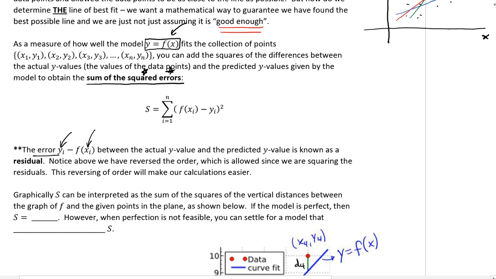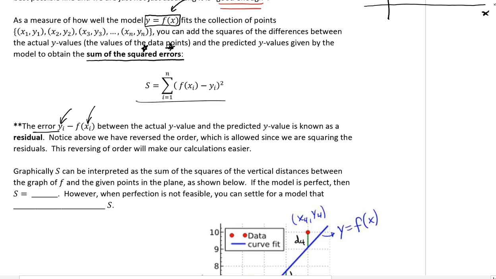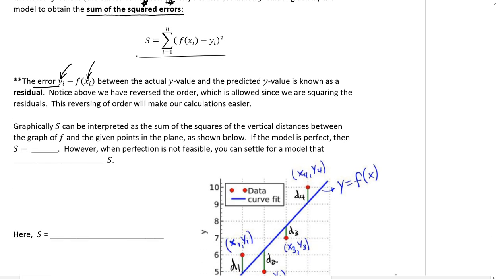It makes our calculations a little easier, and we're allowed to switch the order because we're squaring the residuals, so it doesn't matter which way we do it. For our sake, it's just a couple fewer negative signs to worry about. So we're going to stick with the predicted minus the actual to calculate our squared error sum.